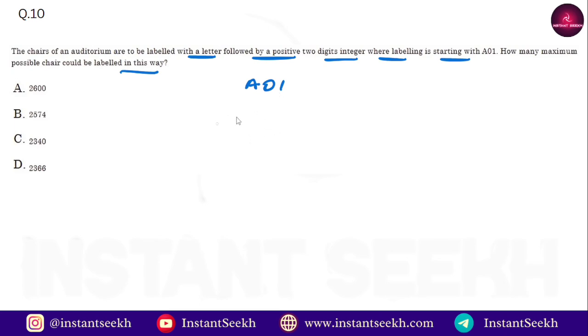Let's say how many letters do we have in English? We have 26 letters, right? A to Z. We need to identify how many maximum possible chairs could be labeled in this way.